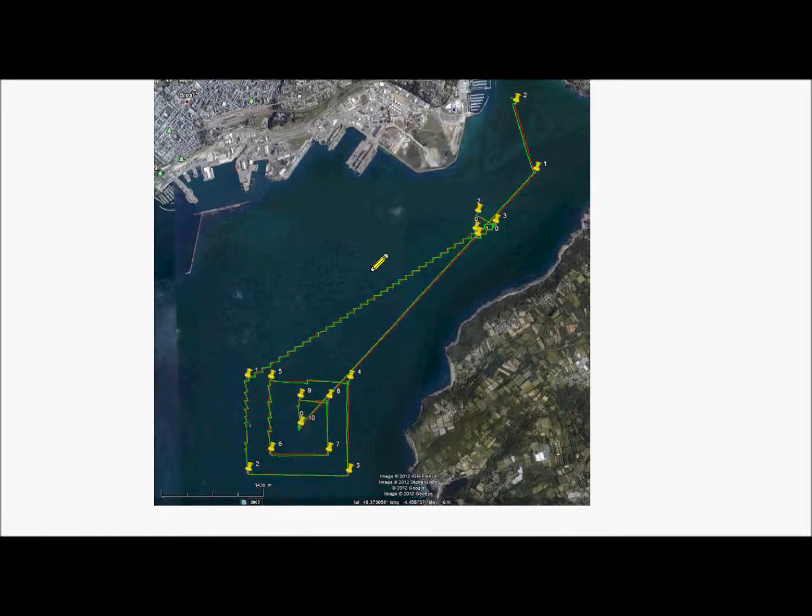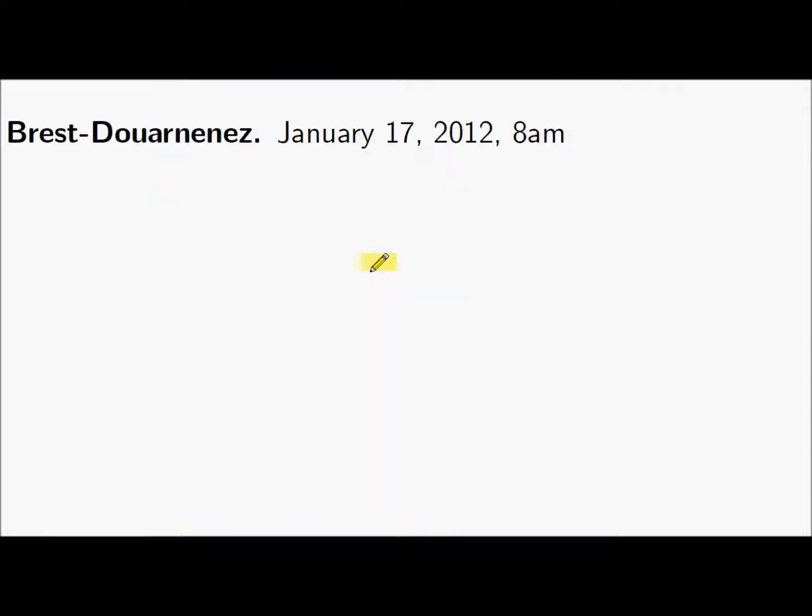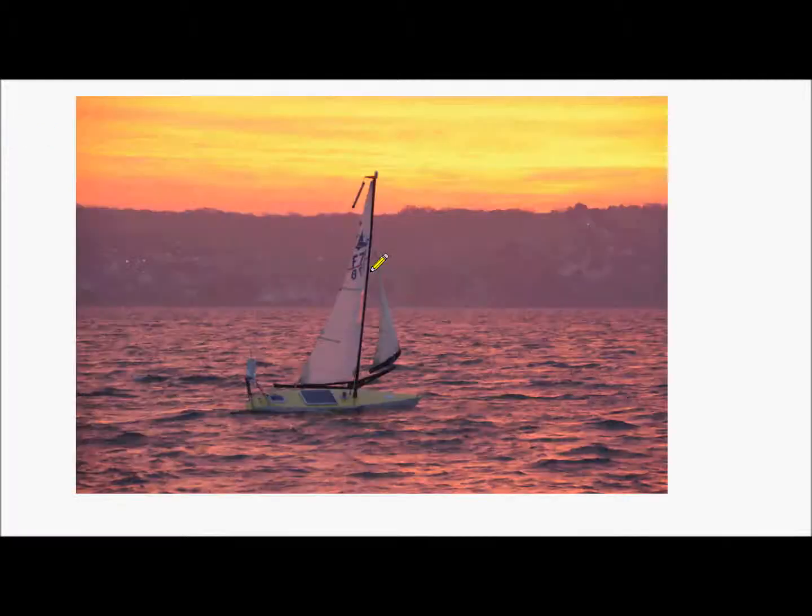Okay, so now we have made a bigger experiment. One big experiment is Brest-Douarnenez, more than 100 kilometers. It was January, about 3 years ago. The boat started from Brest.